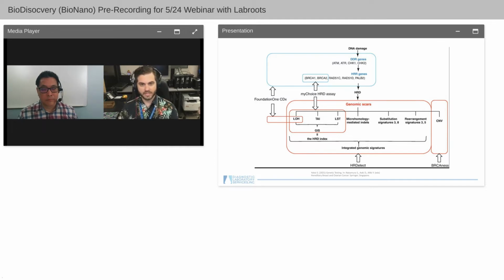In summarizing the pie chart of how DNA can be damaged, the assays that you see here kind of tier through getting to opening up to larger evaluations of the genome and its instability. You can see in the blue box, the DNA damage response and repair gene alterations are certainly sought after, as well as the homologous recombination repair genes here. And you can see where we have assays leveraging those.